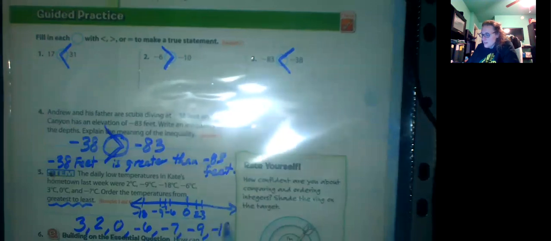That means we're going to start way over here. So we're actually going to start with that +3, then the 2, then the 0, then the -6, the -7, the -9, and the -18. Okay, greatest to least.